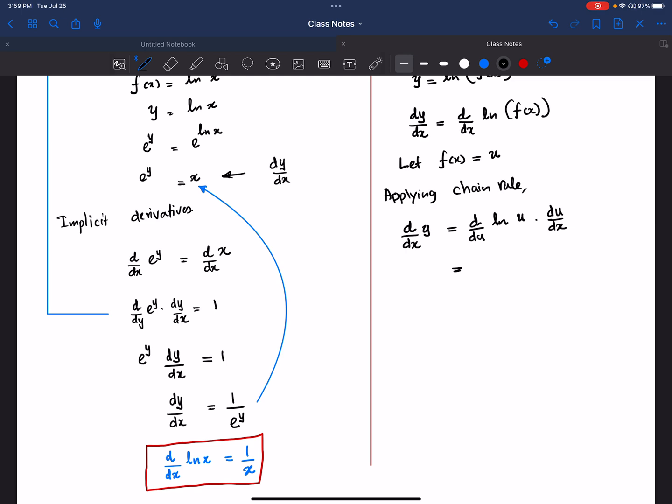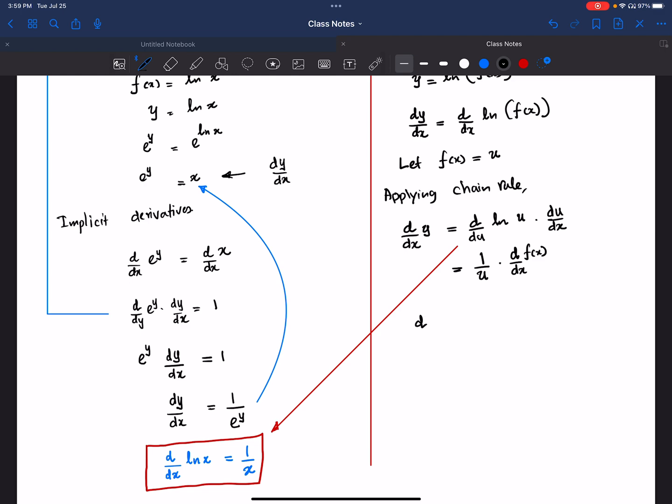From the equation shown in here, d over du of natural log of u is equal to 1 over u, times du over dx. u is f of x.